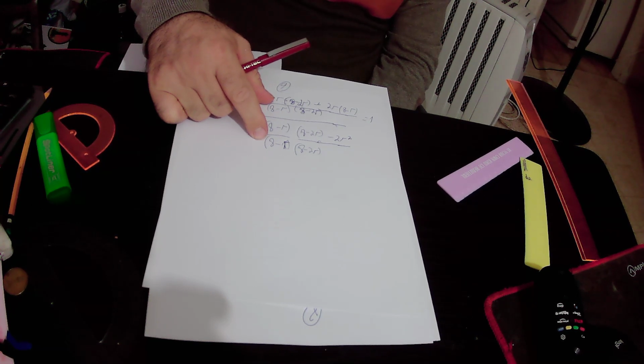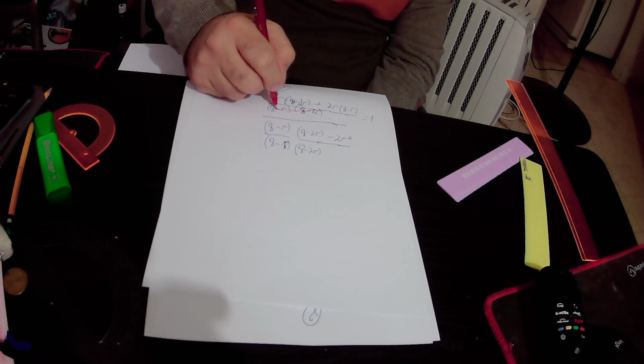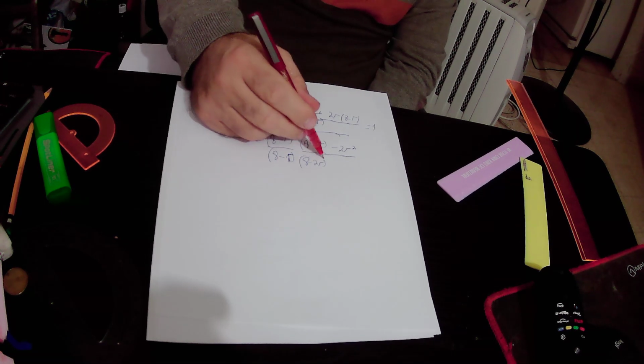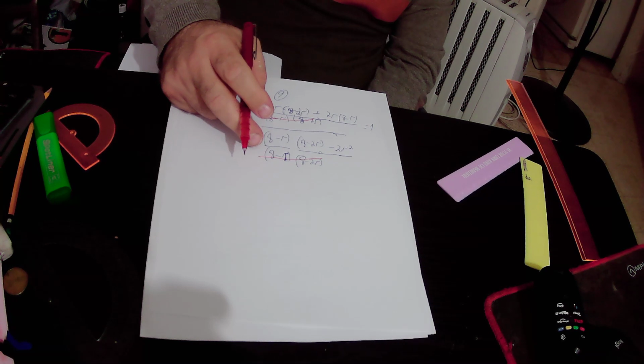So 8 minus r times 8 minus 2r over 8 minus r times 8 minus 2r is actually equal to 1. So this expression will get cancelled because when we divide these two expressions one by the other, we will get 1.